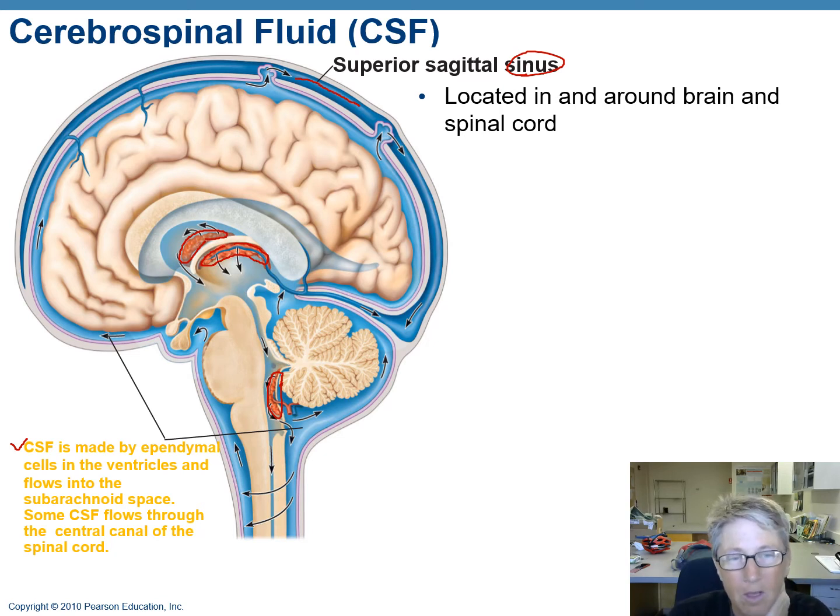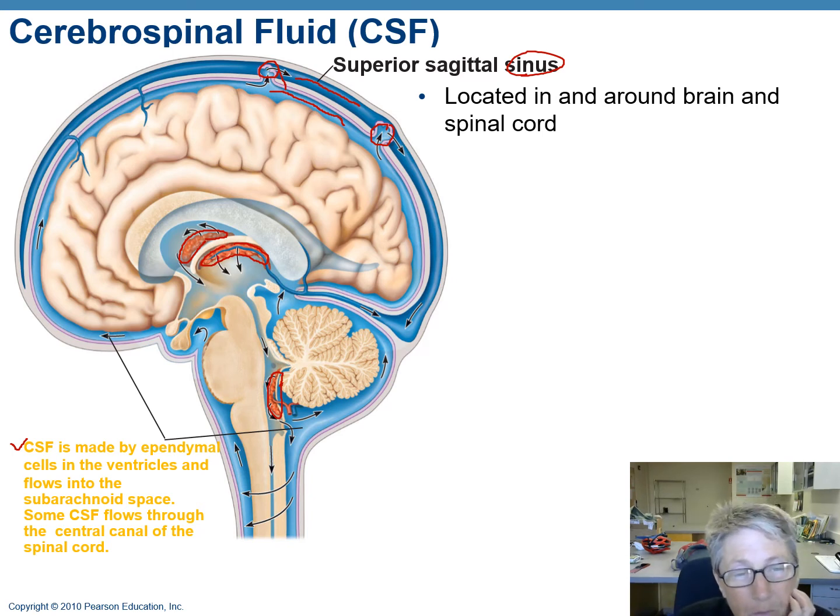and that CSF will flow into this thing called the subarachnoid space. Here's an arachnoid villus, here's an arachnoid villus, so the subarachnoid space would be here. So you make cerebrospinal fluid, and it flows into the subarachnoid space. Let's just track some.